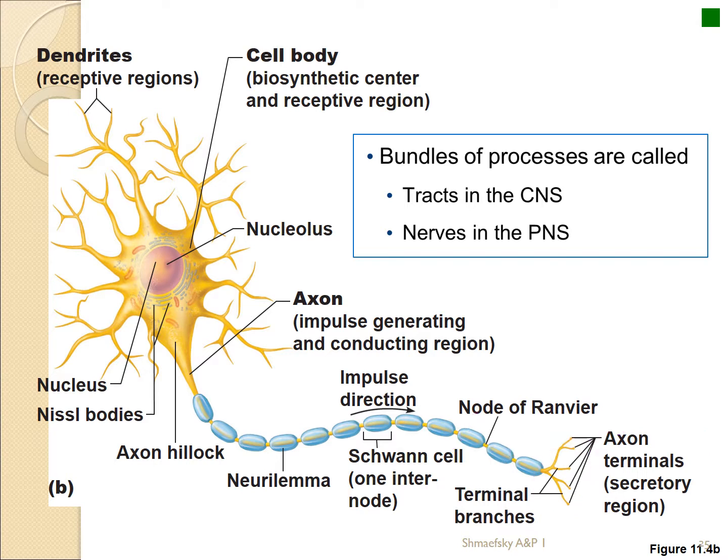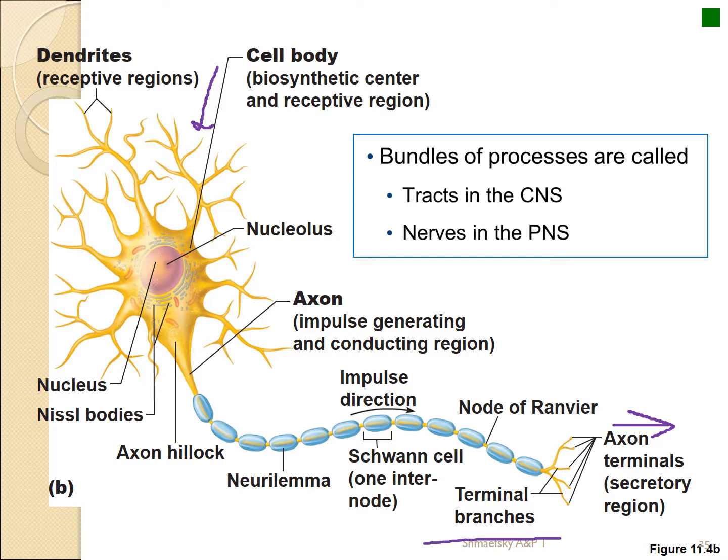So to reiterate, the flow of information through a neuron is going to be into the dendrites, either from another neuron or from a sensory structure. And then the information goes out through what's called the axon terminal, which is a secretory region. It produces chemicals called neurotransmitters from these terminal branches.